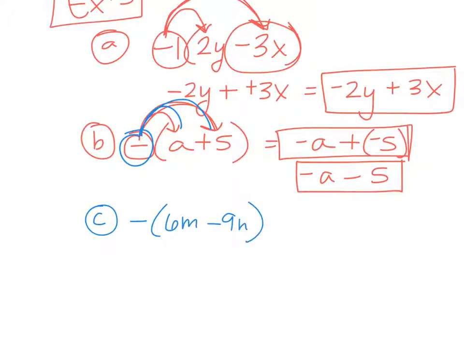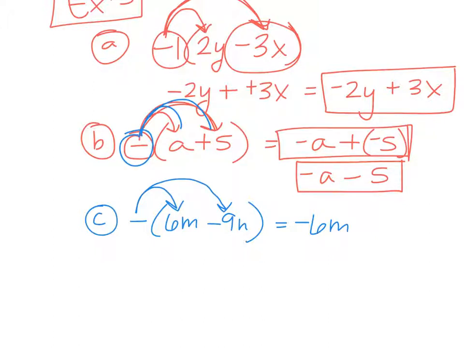Okay, how about this one? All right, so this is our setup, a negative 6m minus 9n. Okay, so if I distribute that negative, what does that 6m become? A negative 6m. Okay, and then I distribute the negative here. So right now you can think of it as negative 9n. So it would become what?